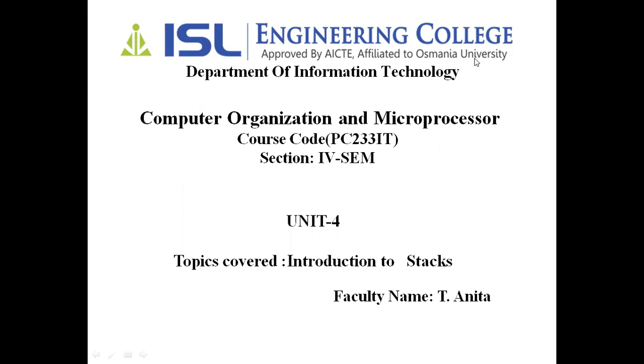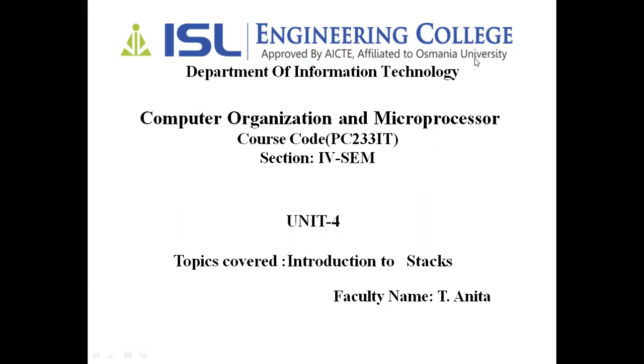Suppose you take the 8259A, it is used as a programmable interrupt controller. And we also have the DMA controller, which is Intel 8257, and many others like 8255, 8251, 8253, 8254.